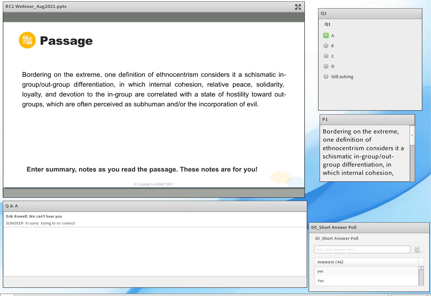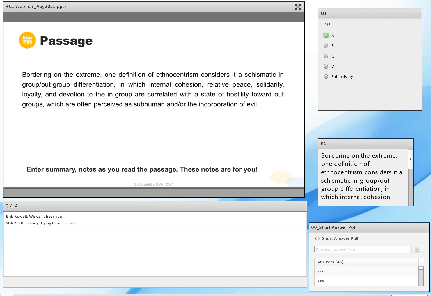So all of you who are participating, please click on still solving. That way you guys time yourself as a batch. I'm not timing you. All right. So here's the question, guys. All the best.